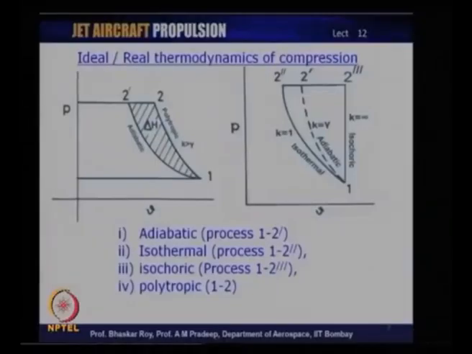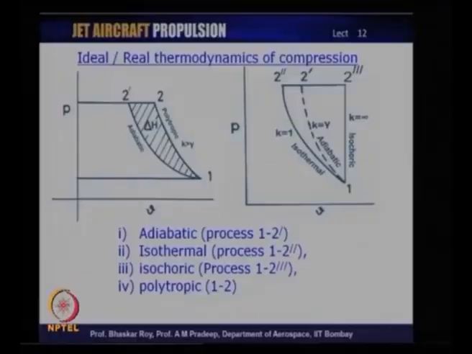If we show the thermodynamic process of compression in a PV diagram, something you have already done before in your cycle analysis, let us take a quick look at the same thing, maybe with a different idea in our mind.